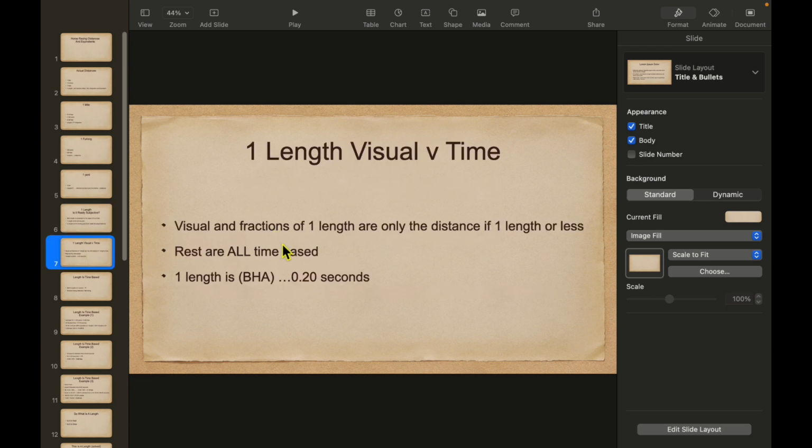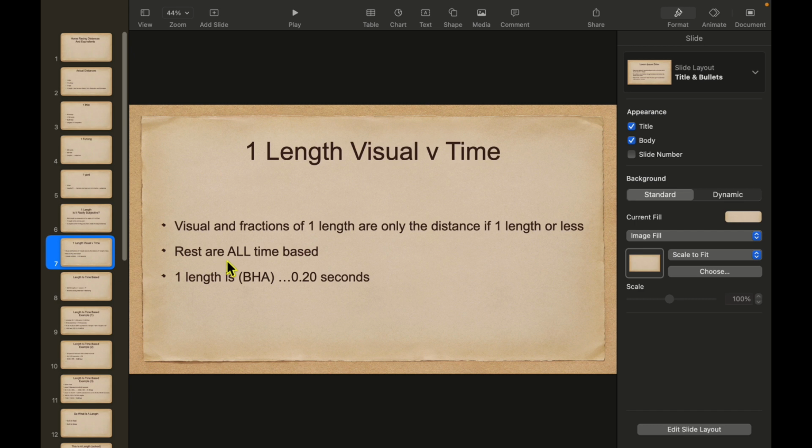If your horse wins by a length or gets beaten by a length, the judge will call it a length. If it's less than a length, half a length, he'll call it half a length. But if it gets beat 3 lengths, the lengths are not as the winner goes past the post. They are all time-based.